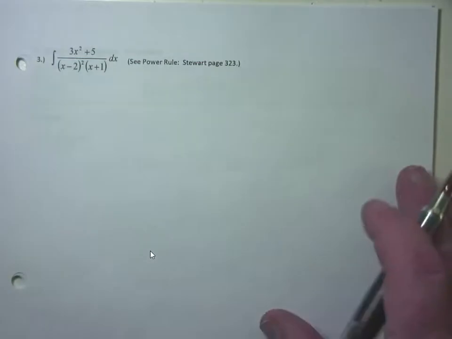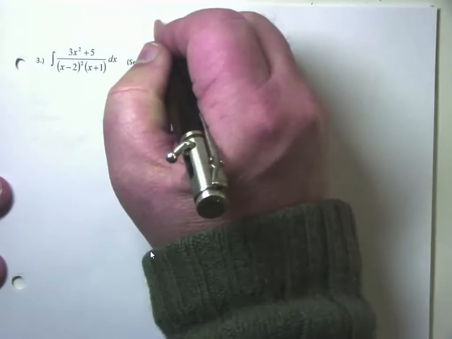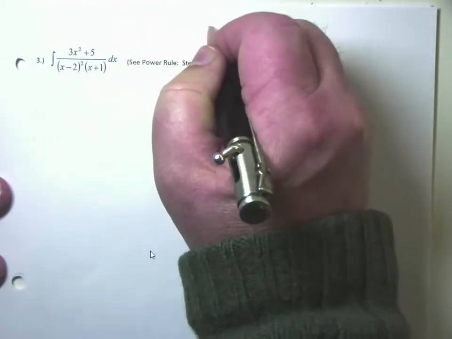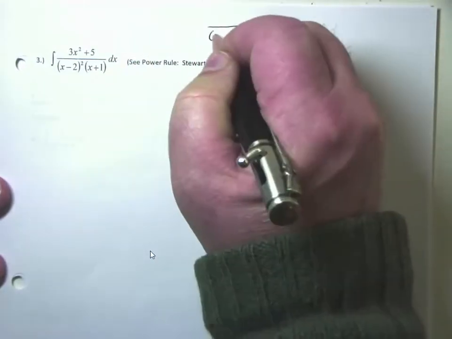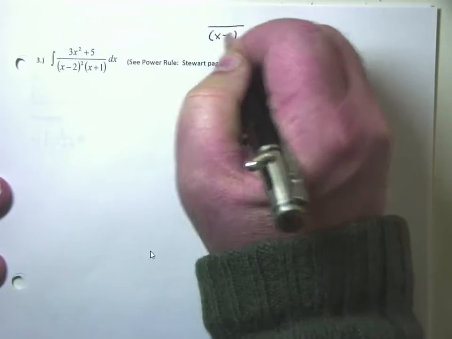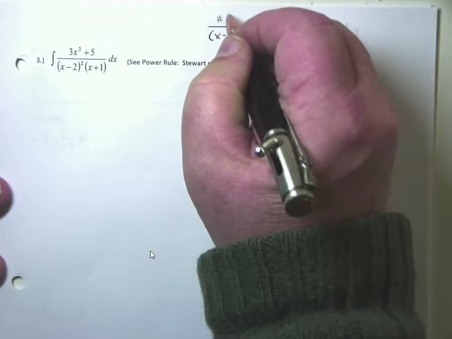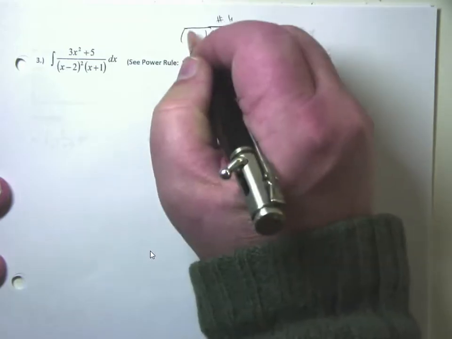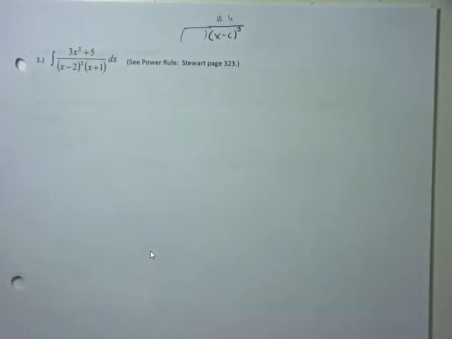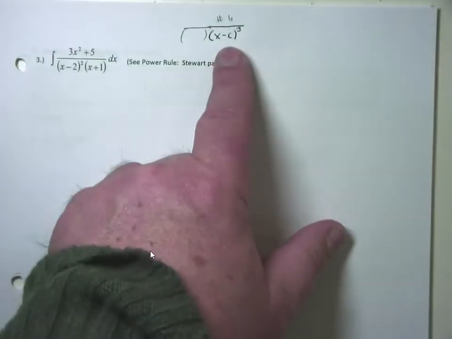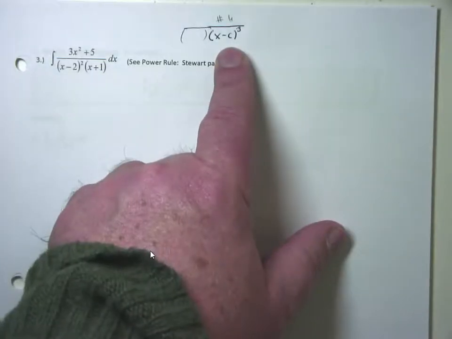But when you've got one of these big fractions and you happen to have one of these factors to a power, so you've got x minus some kind of constant, and it's actually raised to, I'm just going to pick a different power, and you've got some other stuff being multiplied times that no one cares about here. I'm going to focus on what we call the power rule for partial fractions.